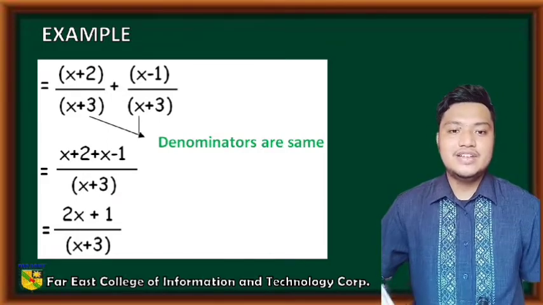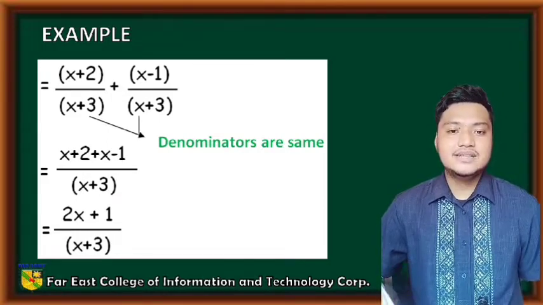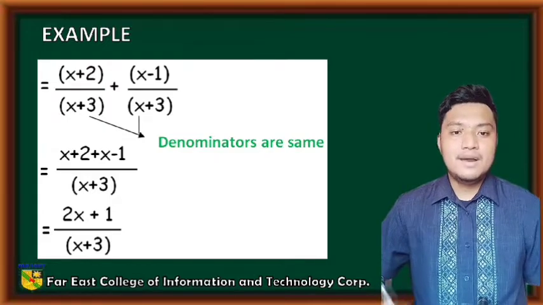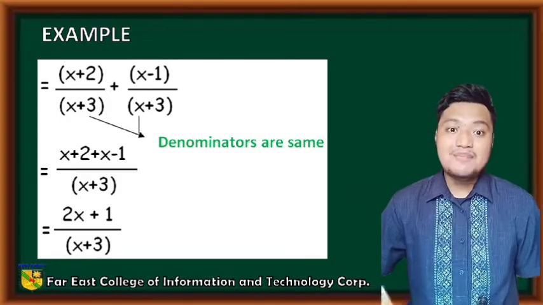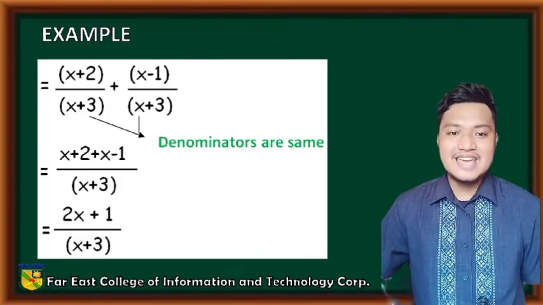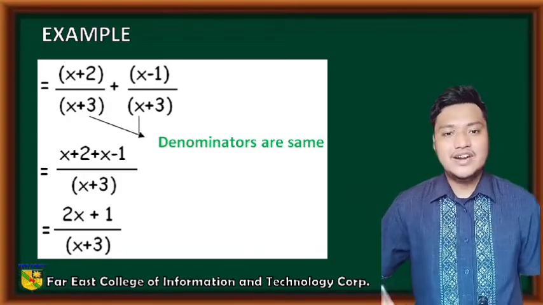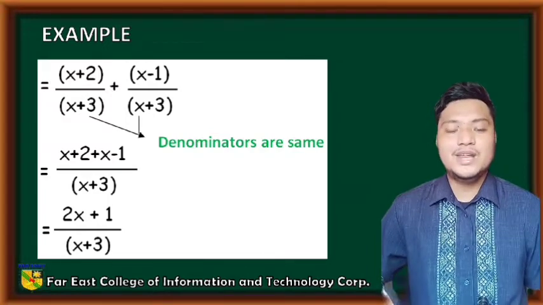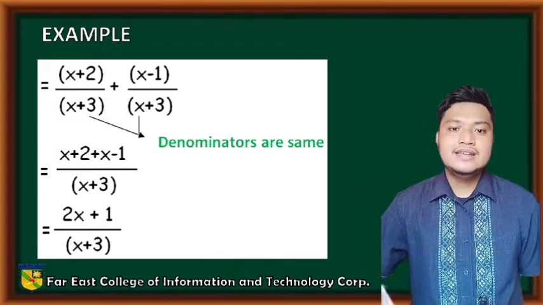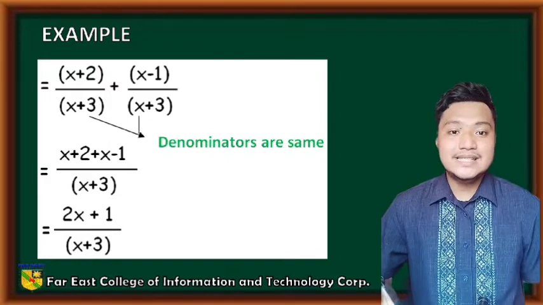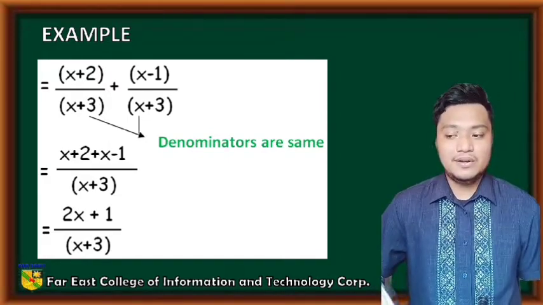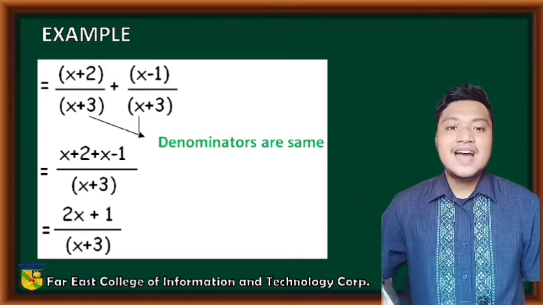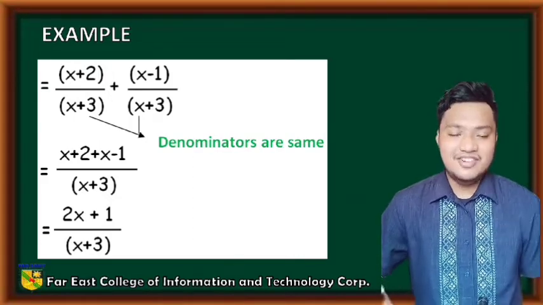So the numerators are x plus 2 plus x minus 1. Step number 2, you need to retain the denominator. Since our denominators are the same, we cannot add them. You just need to copy and paste. Okay? And then, simplify the result.